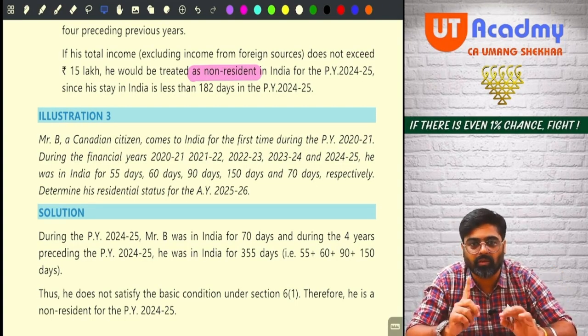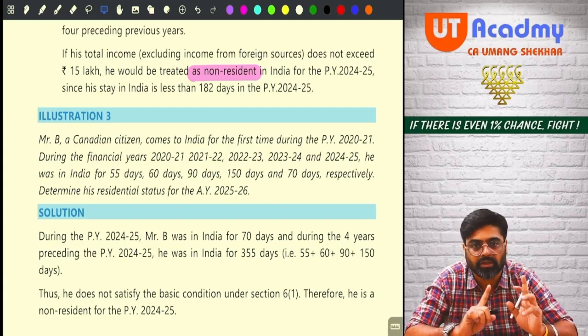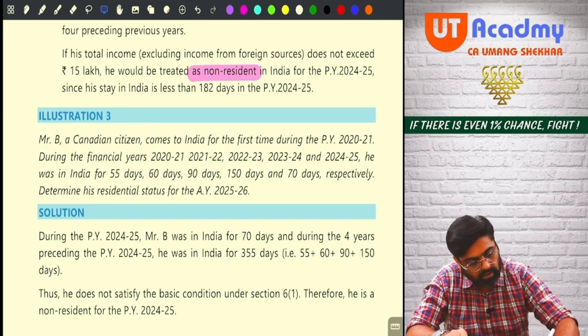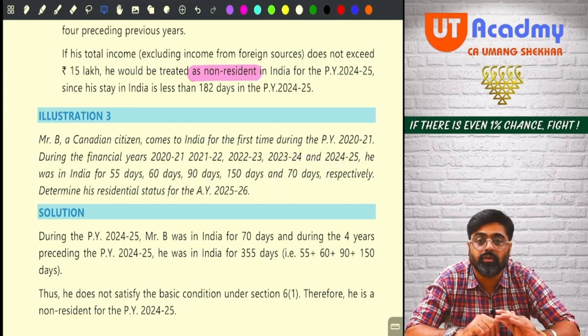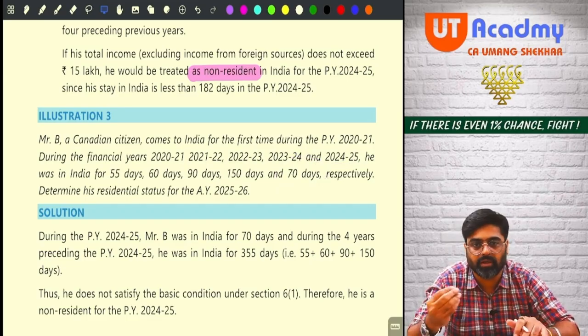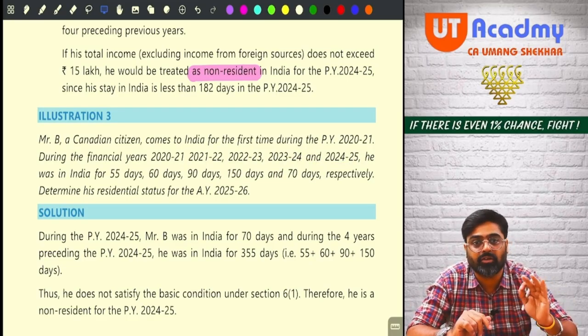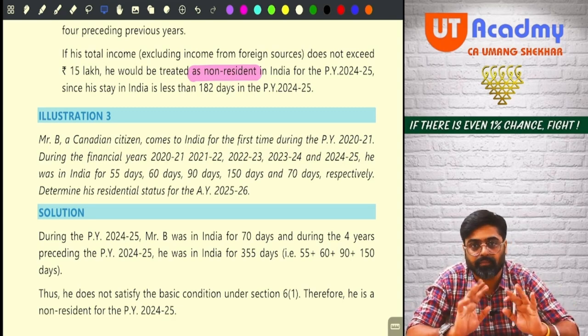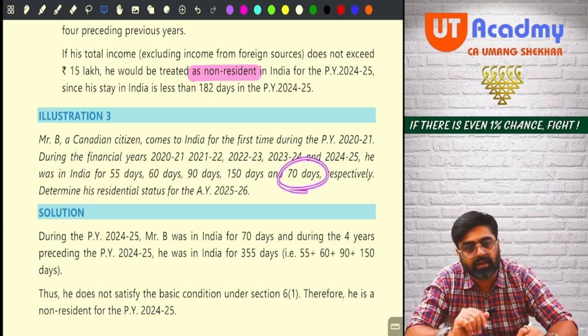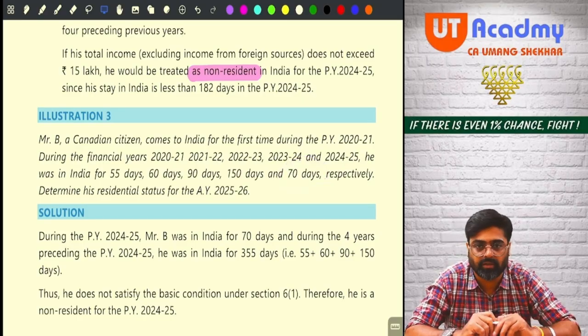In this normal case, we'll check basic condition A also, basic condition B also. 182 days or more, his stay should be there in the current previous year. Current previous year 24-25, his stay is already given as 70 days. Is it more than 182? No. Basic condition A not fulfilled. Basic condition B, part 1 says that 60 days or more, his stay should be there. So his stay is 70 days, which is more than 60 days.